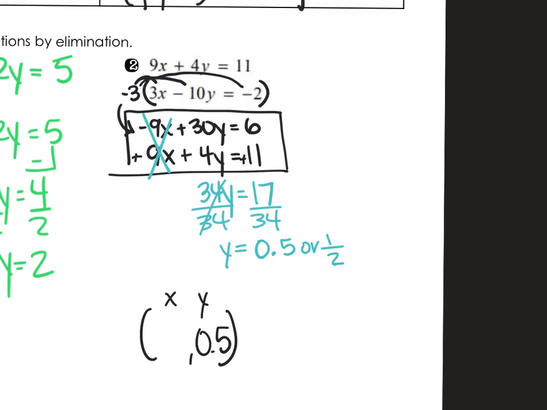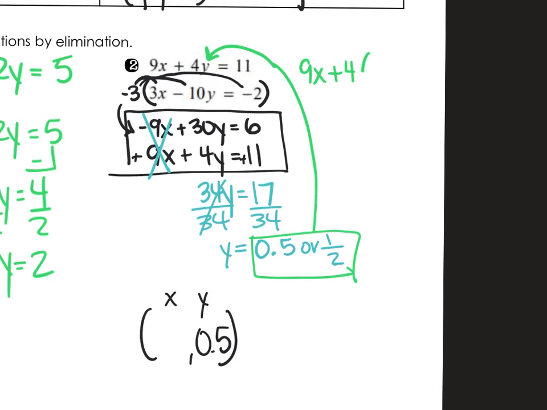All right, so now I'm ready to take this and plug it in. I would probably do your first equation. Here, you're actually going to plug in for the y. So 9x plus 4 times, now I can use 0.5 or 1/2.